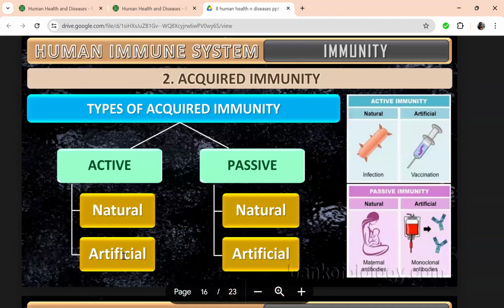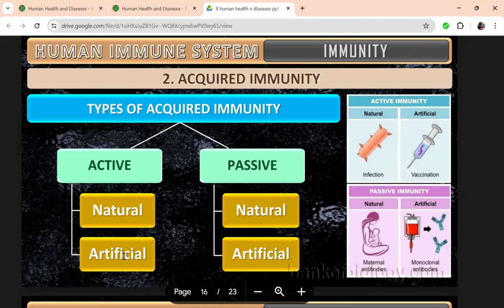Now, this acquired immunity that I'm going to acquire can be active, can be passive. So acquired immunity, which is active, is natural or artificial. When I say natural, I have been infected by the virus and I'm now having an immunity. Say chickenpox.